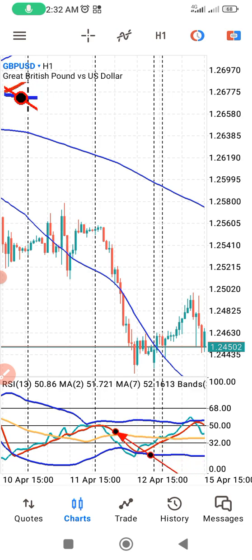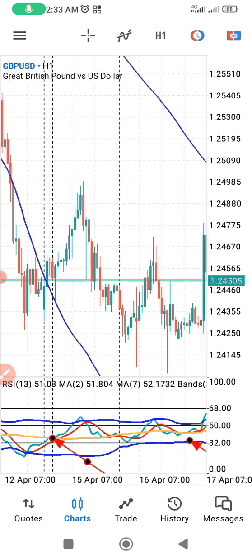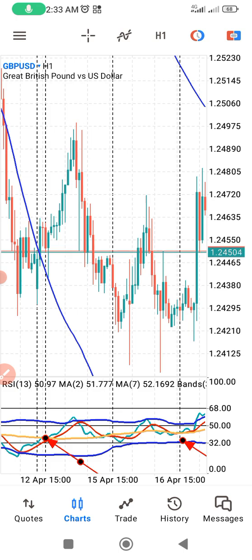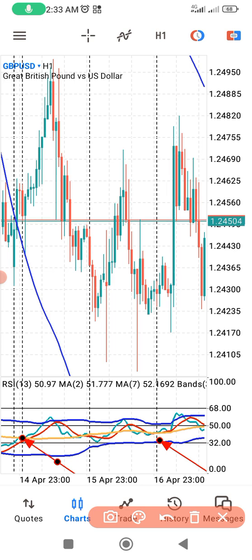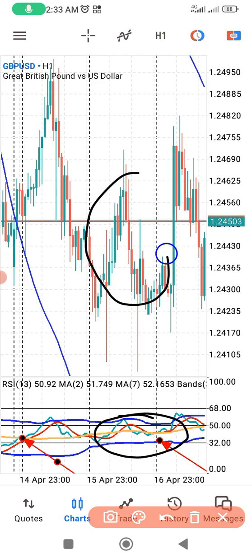And just as you can see, this is the Bollinger Band of the TDI, which is the blue line. It helps us to determine the volatility of the market. So anytime you see the Bollinger Band of the TDI shrink together, you will notice that the market will not make any reasonable movement. Rather, the market will be ranging. You can see this.